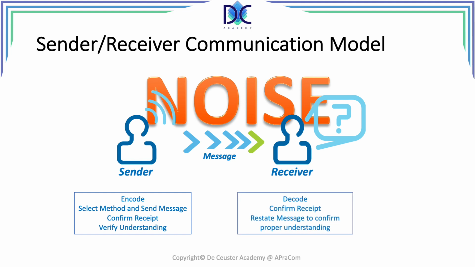So the receiver decodes the message, confirms the receipt, restates the message to confirm, and then you can verify that the message was understood properly. And that noise may not be just noise on a communication; it may be pronunciation, knowledge of the language, cultural differences, and so on.